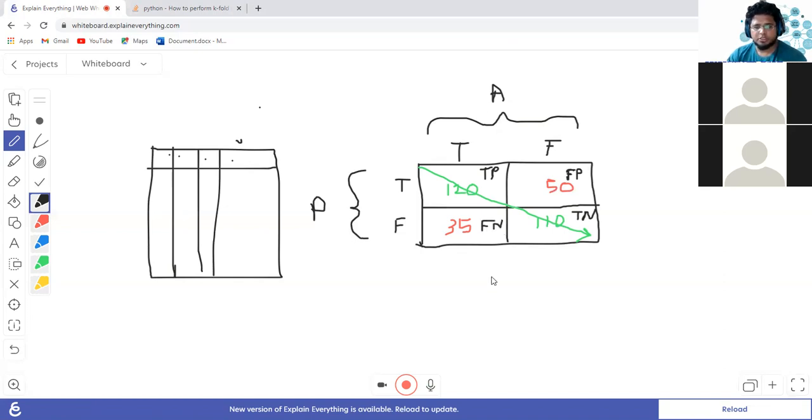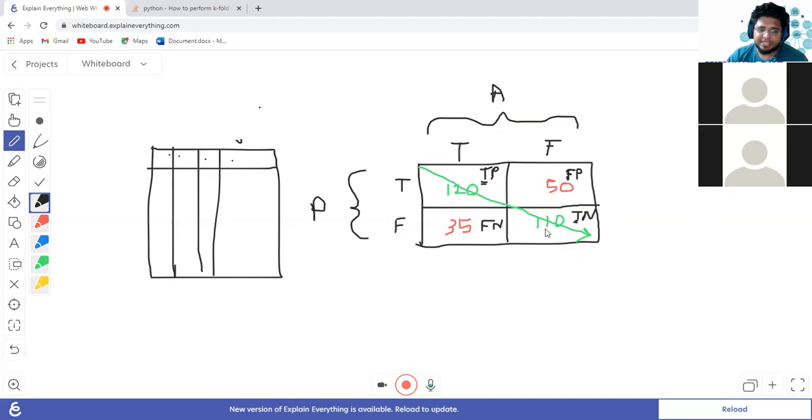Okay. So true positive, true negative. So now here you see, in both terms, the first term is true, the second term is positive or negative.